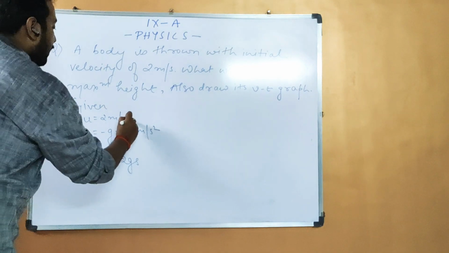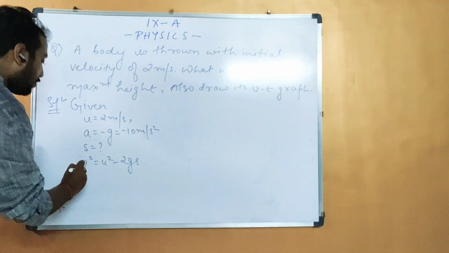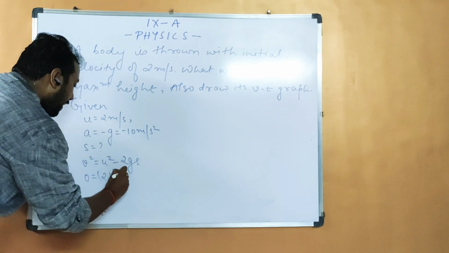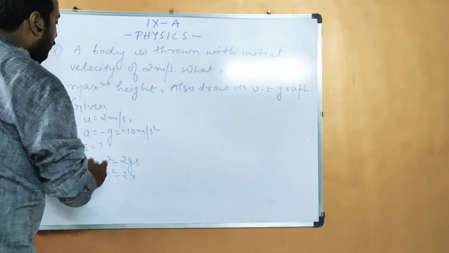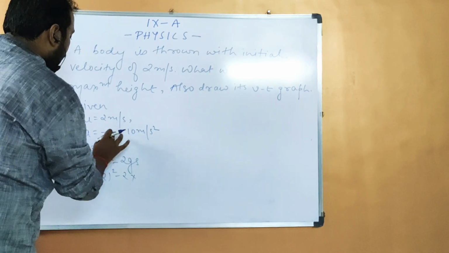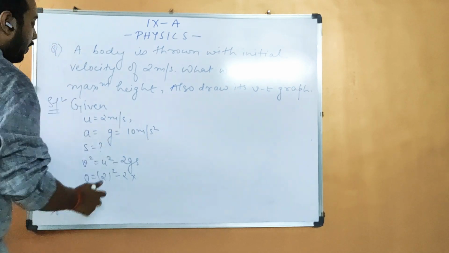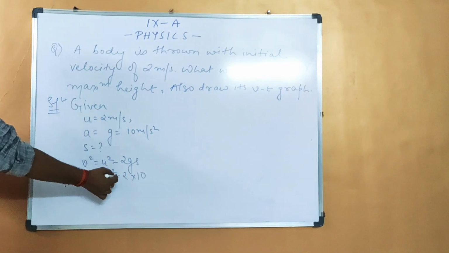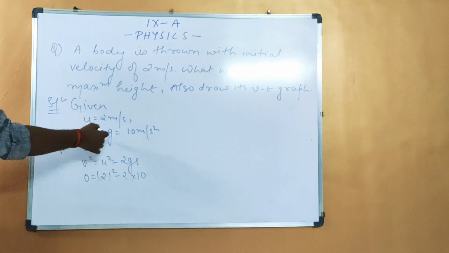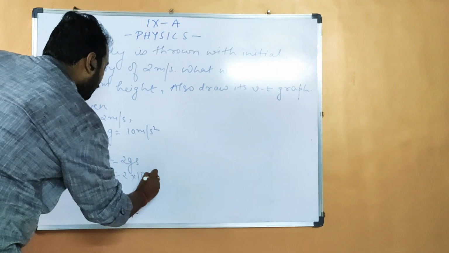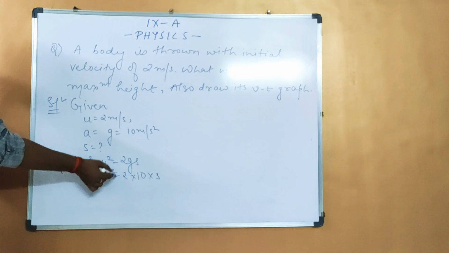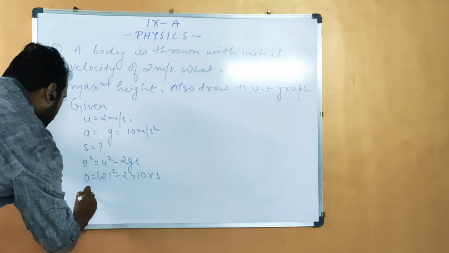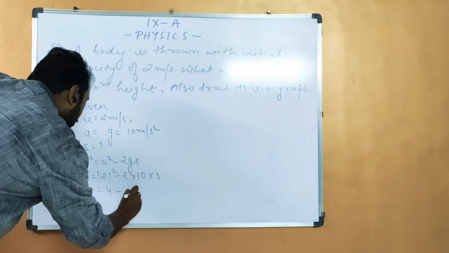What will be the velocity at the highest point? 0. What is the value of U? 2 square minus 2 into 10 into S. I have already taken the minus in the equation, so you don't need to mention the minus here. 0 equals 4 minus 20S.